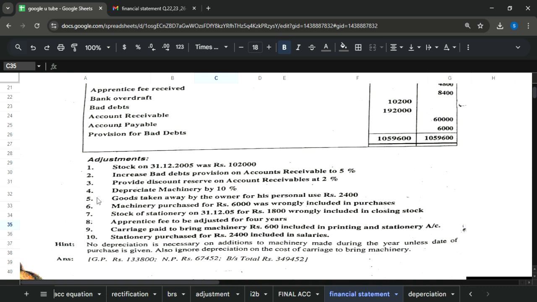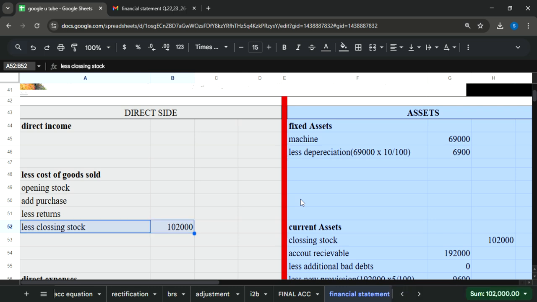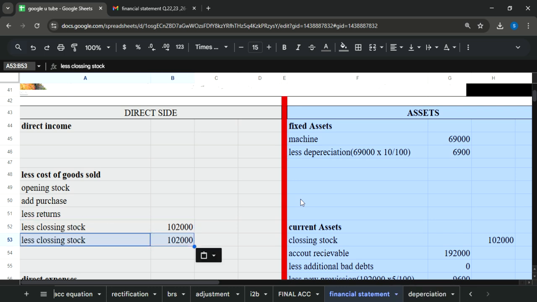Next is 5. Goods taken away by the owner for personal use. The journal entry for this adjustment, you know very well, drawings to purchase. And since purchase is decreasing, you may add one line over here: less drawings. Returns we are not deleting because we will wait.